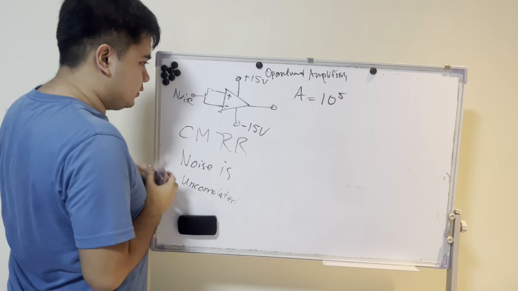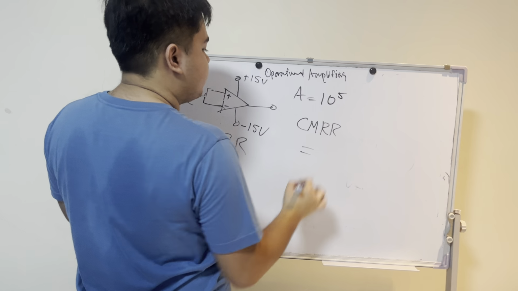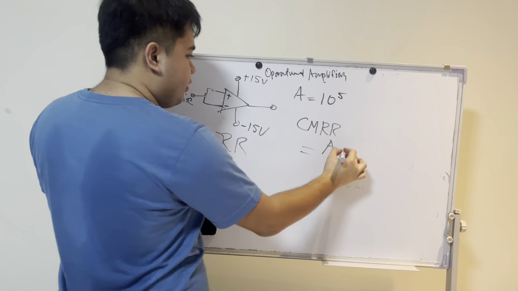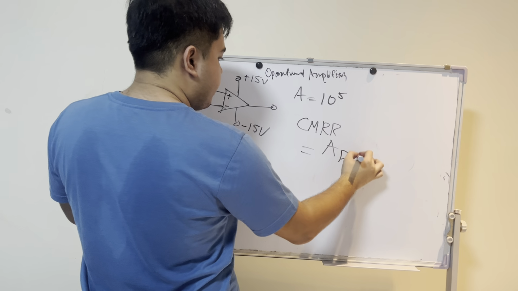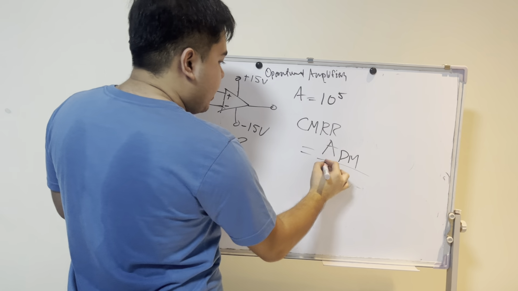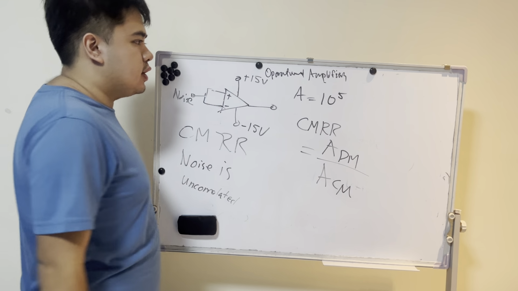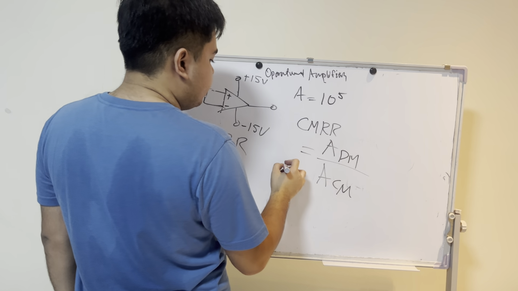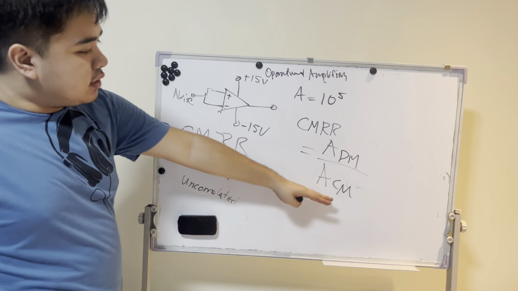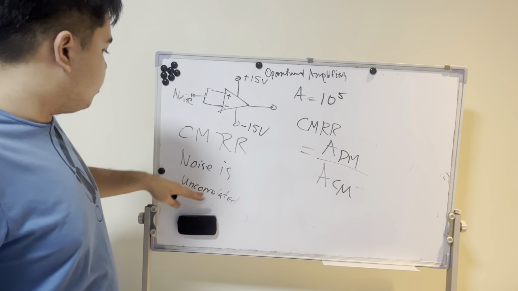CMRR is defined as the ratio between the differential mode gain, which is usually 10 to the 5, and the common mode gain, which is usually 1 or anything lower than that. We do not want the common mode voltage, because the common mode voltage is usually noise, which is uncorrelated.